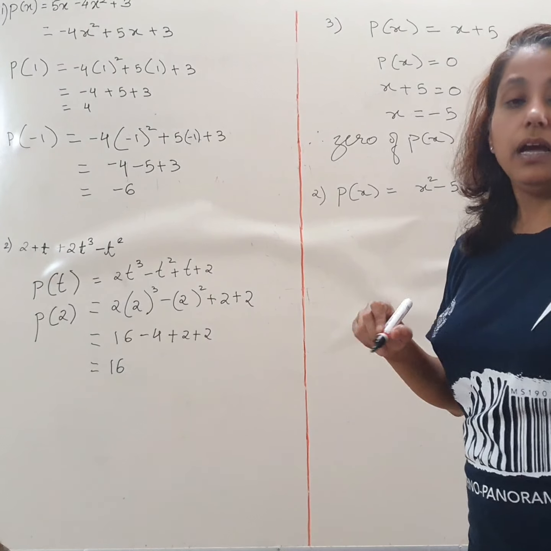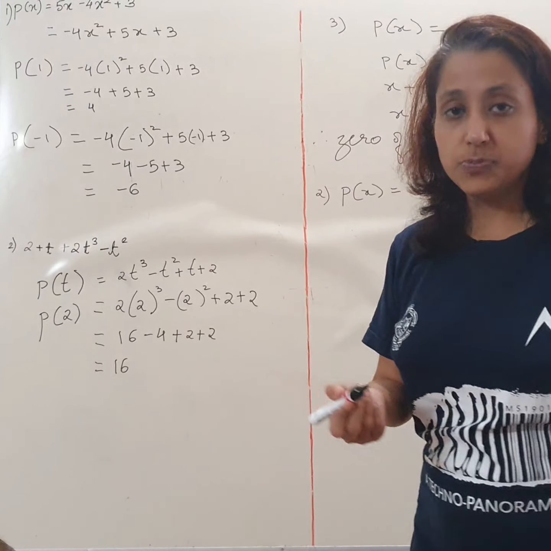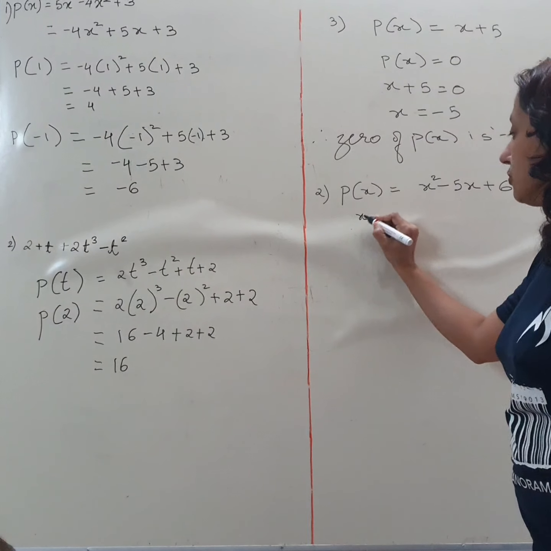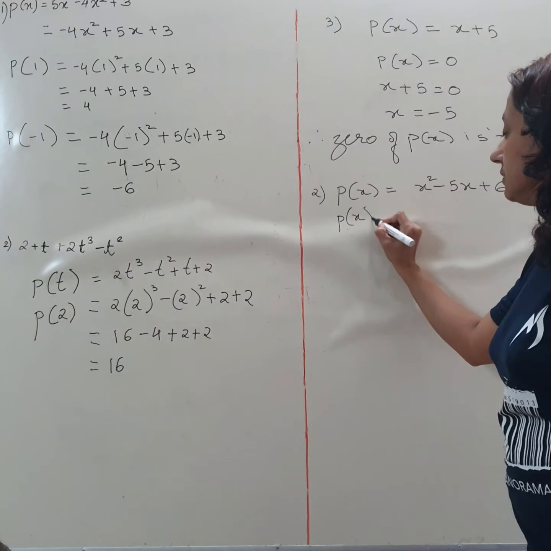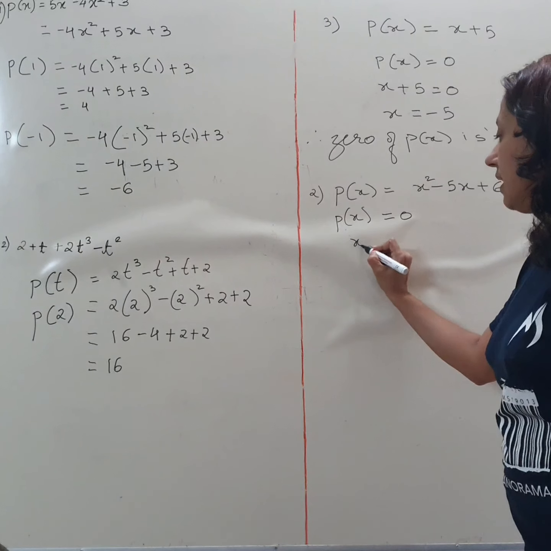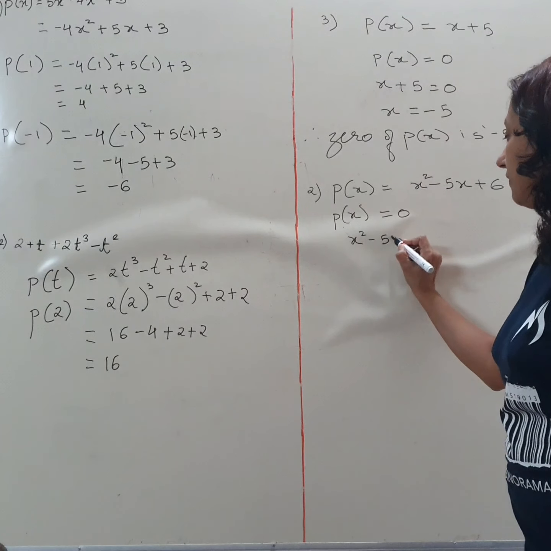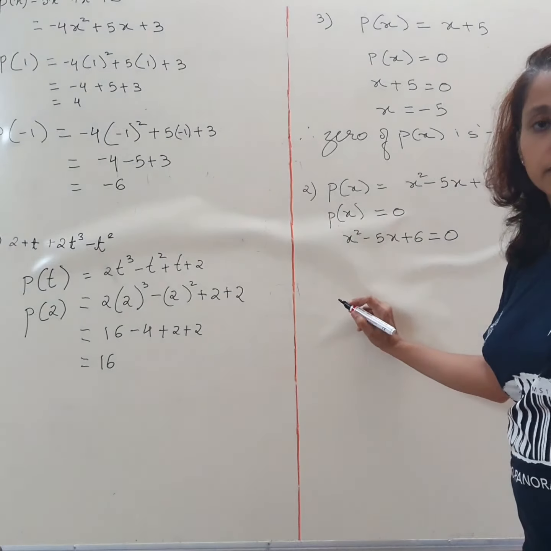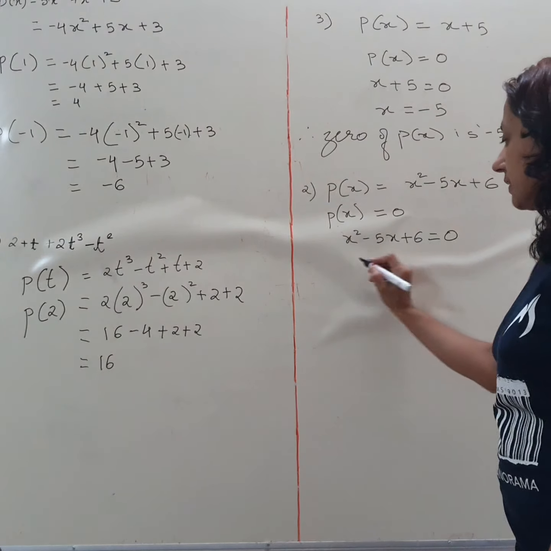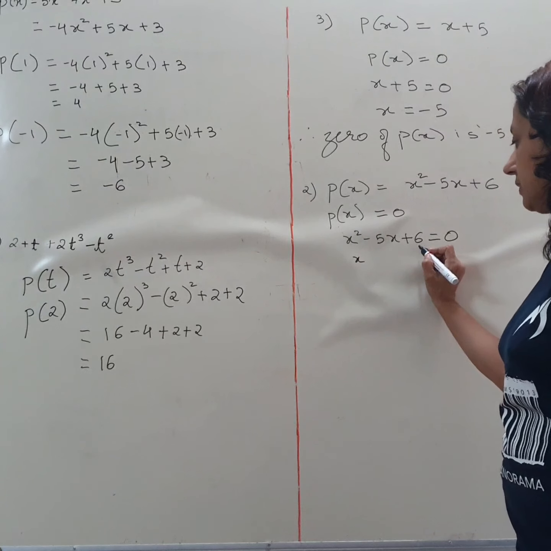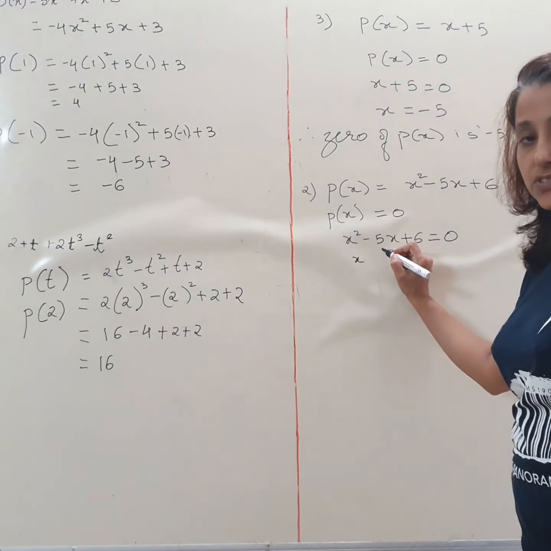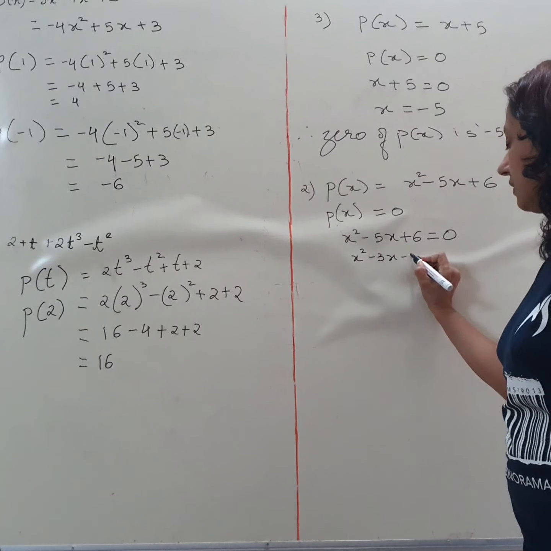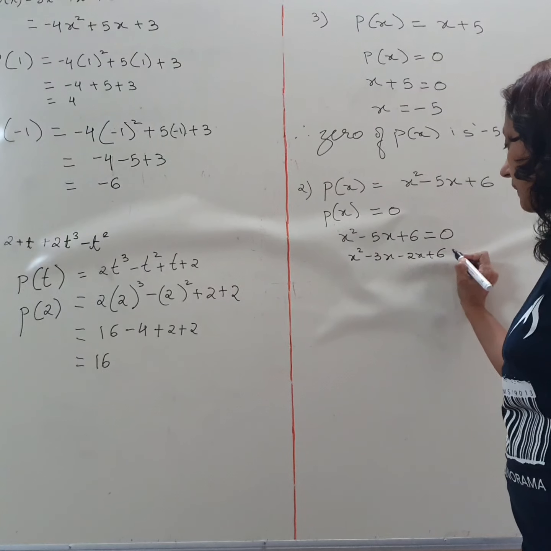Quadratic polynomial. In order to find the 0 of this polynomial, what we are supposed to do is equate this to 0. So you have x square minus 5x plus 6 equated to 0. Now you will solve this. It is a quadratic equation, so split 6 so that the sum gives you minus 5. So this is going to be x square minus 3x minus 2x plus 6.